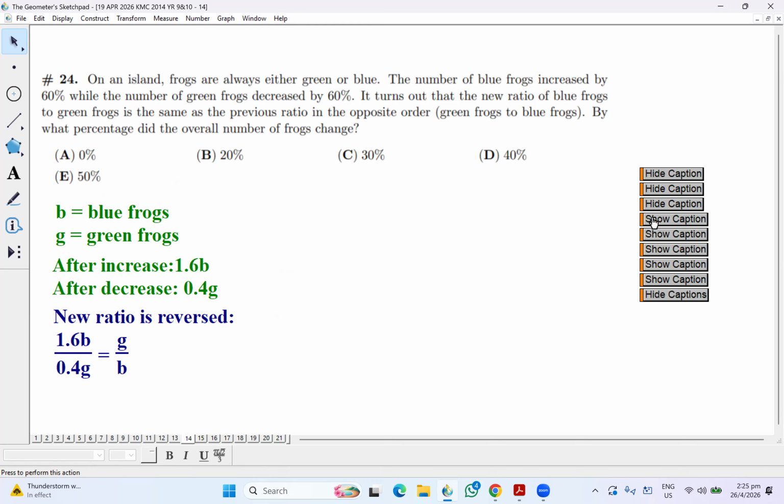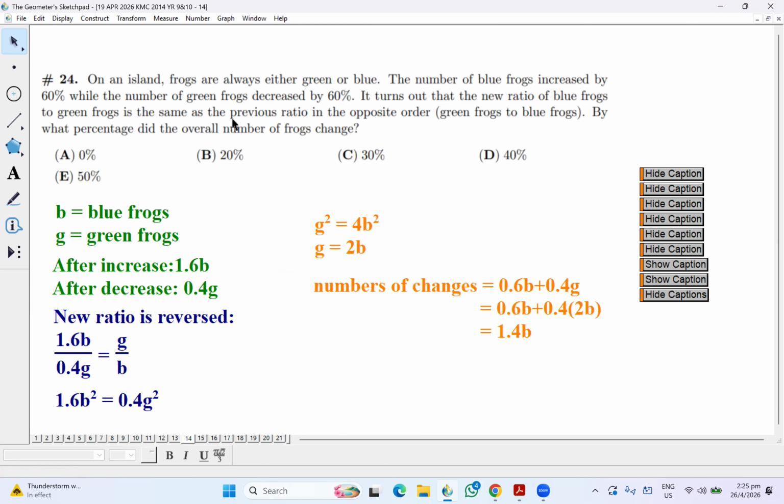So just cross multiply. Then G square is 4B square. So positive, so no plus minus.